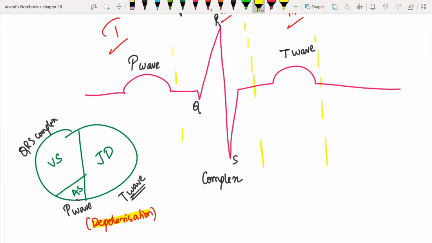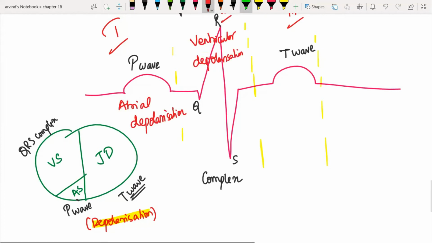So the P wave is going to represent atrial depolarization. The QRS complex is going to represent ventricular depolarization. So atrial depolarization, P wave. Ventricular depolarization, QRS complex.